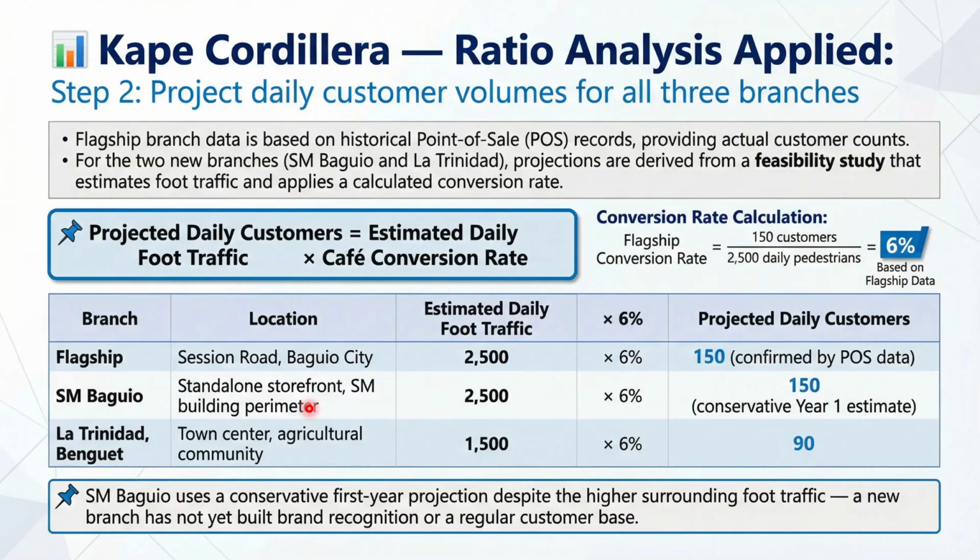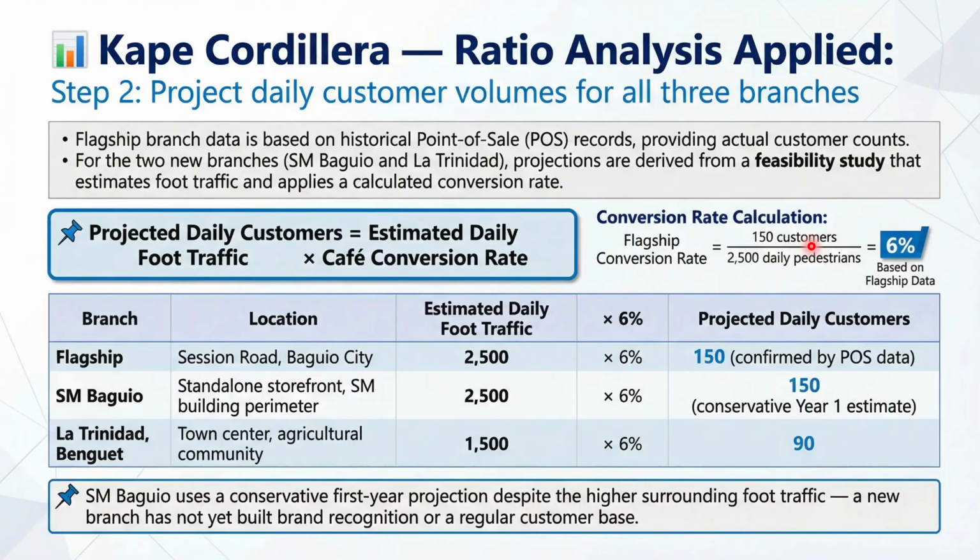So how did Marisol derive the conversion rate? So it's a very simple computation that is based on the flagship data. So yung 6% nakuha dito sa flagship data. Okay, 150 customers, 25 daily pedestrians, yung mga foot traffic na dumadaan sa kanyang store.